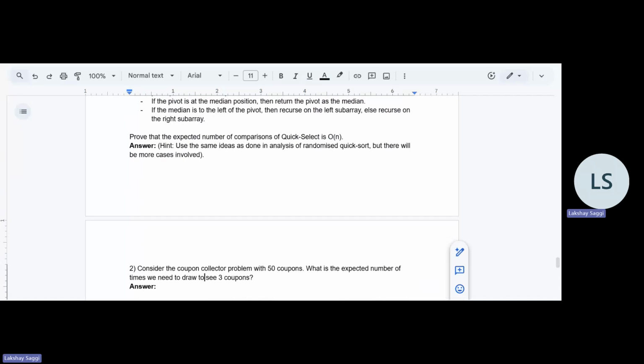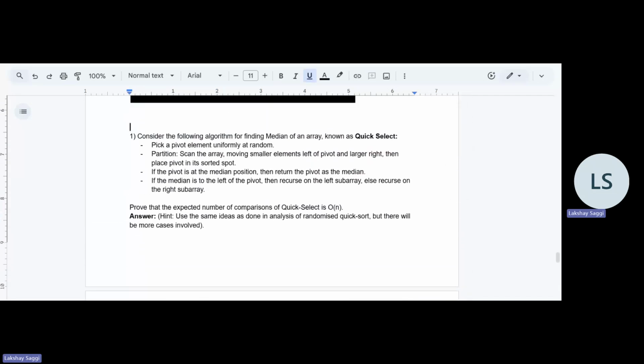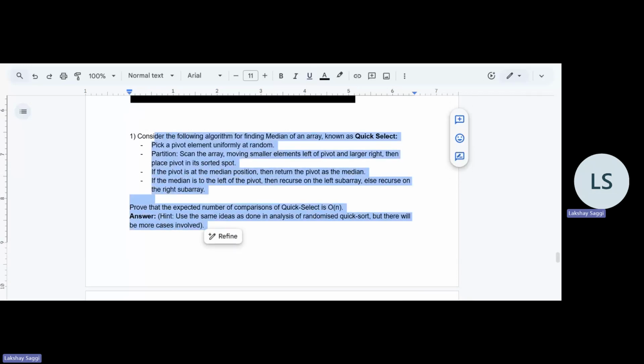So the first question, maybe I'll leave till the end. It was the question which I had given as a do-it-yourself exercise last time, because it is relevant to randomized algorithms. The question was: suppose you are given this quick select algorithm.